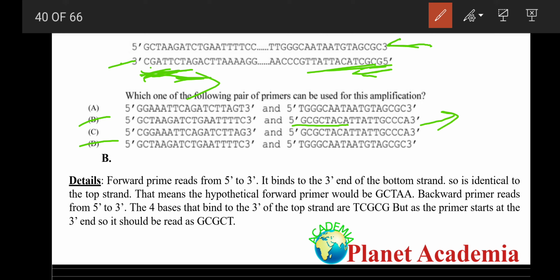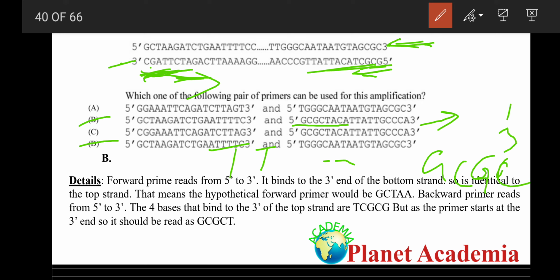True. See, I think you are confused in this one. So see this. Yes, see here. This is the template strand, right? T T dash dash dash, and G C G C, right?